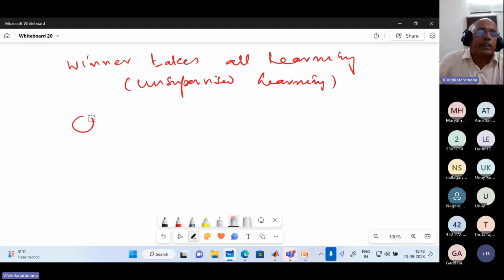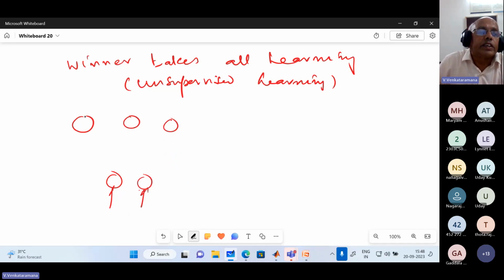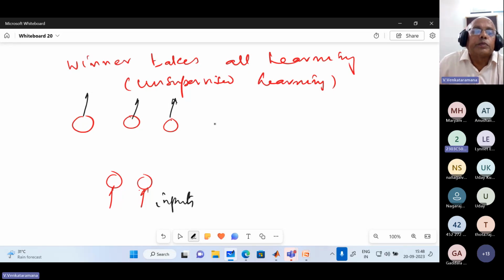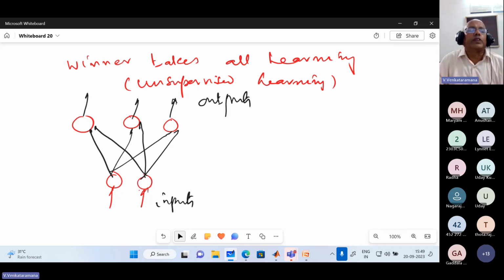Suppose we are having these as my inputs, and these are my outputs, and all are interconnected. And there is no activation function in this one.